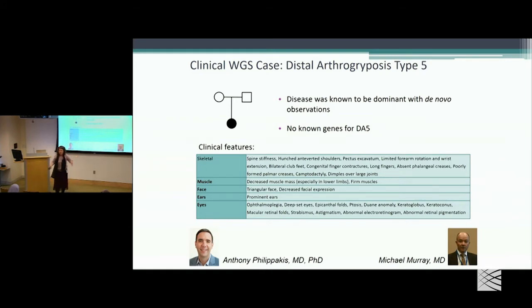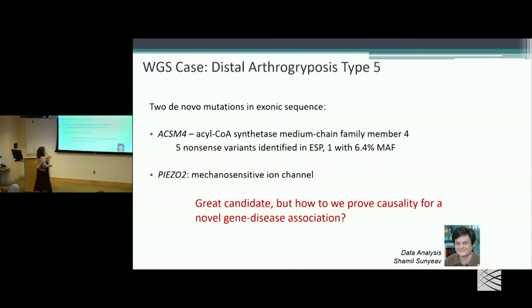So there was a suspicion, obviously, that this is probably a de novo occurrence. That's the perfect scenario when you're trying to do gene discovery, because you can look for de novo occurrence. And sure enough, about the rate that we would expect for de novo variants in the coding sequence, you typically see about 1 de novo variant in coding sequence.